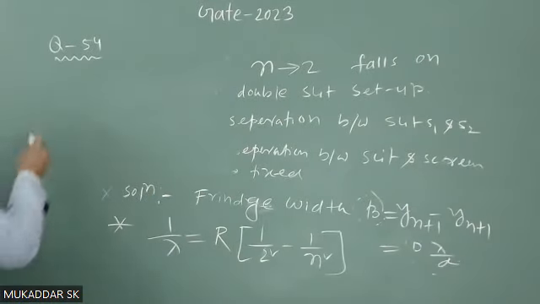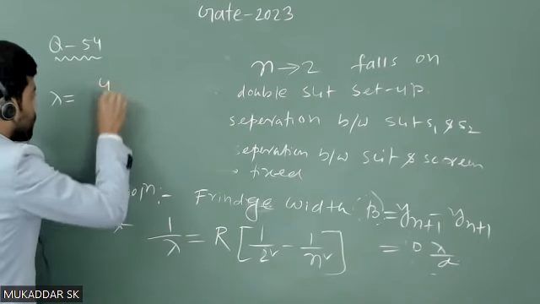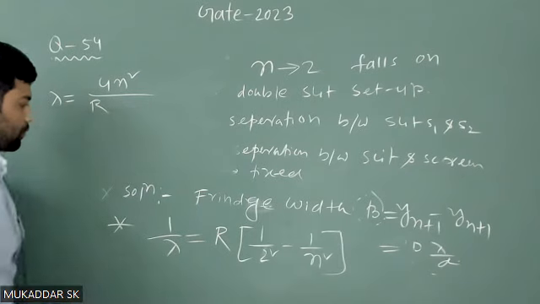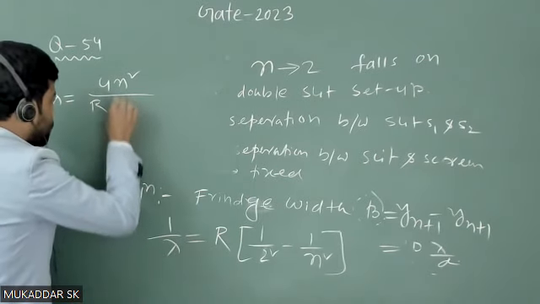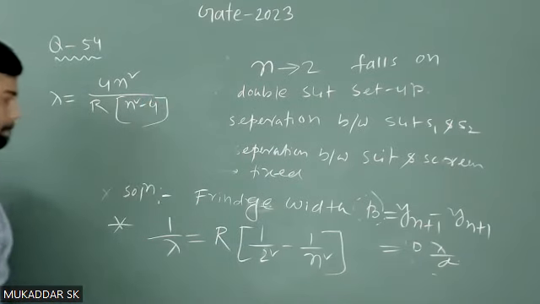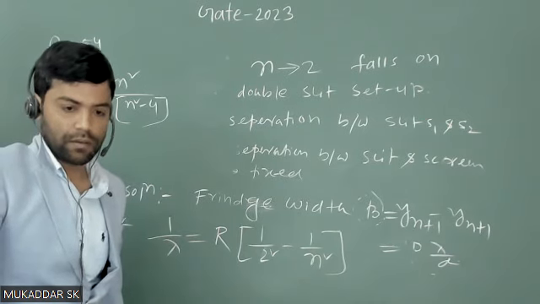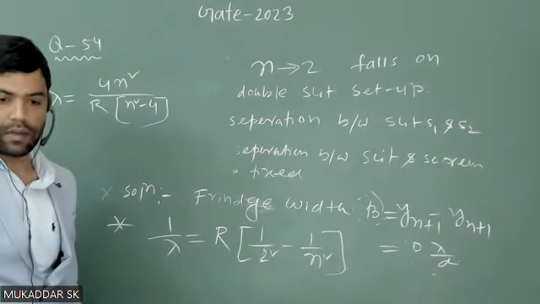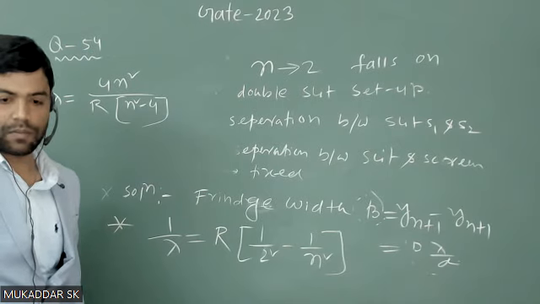From here I get the value of lambda: 4 n square divided by R into n square minus 4.